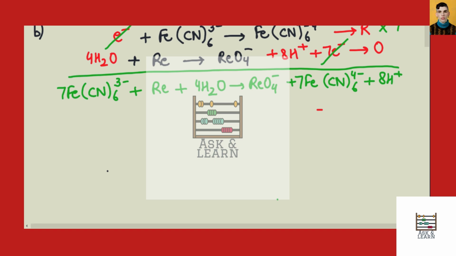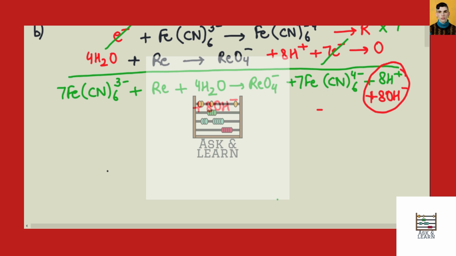Now since this was also in a basic solution, we have to add OH- ions. To balance the protons we add hydroxide ions, and we add hydroxide ions on the left-hand side as well.